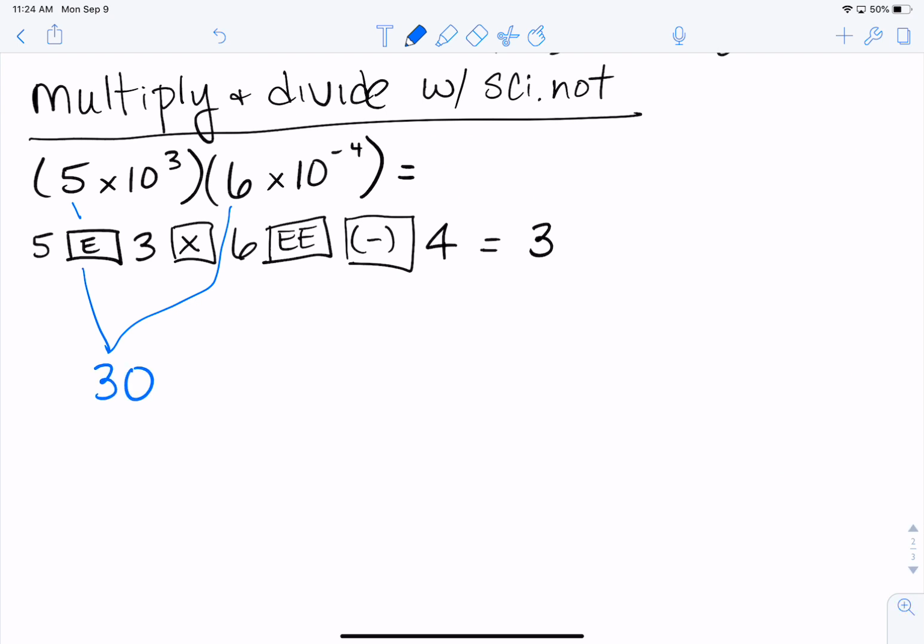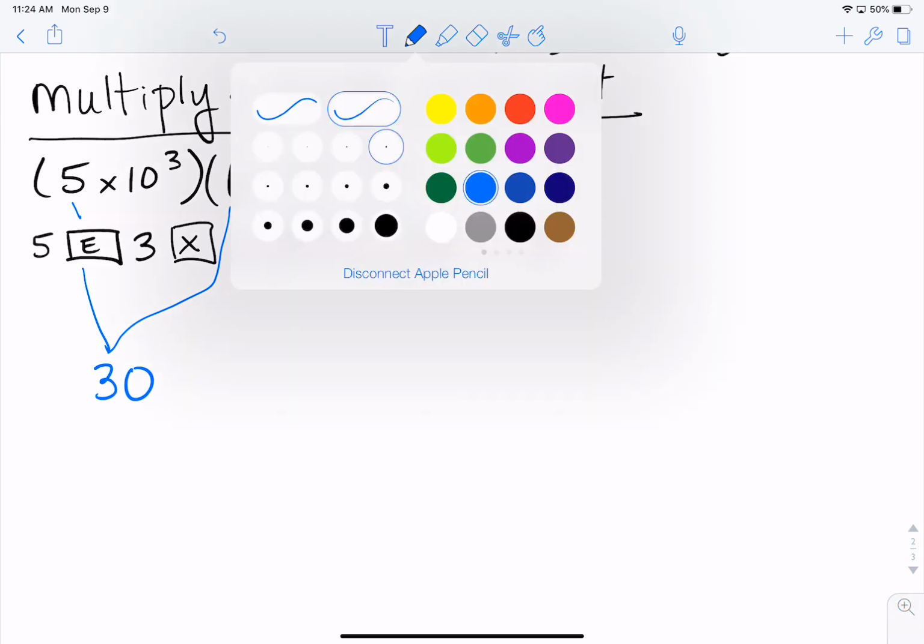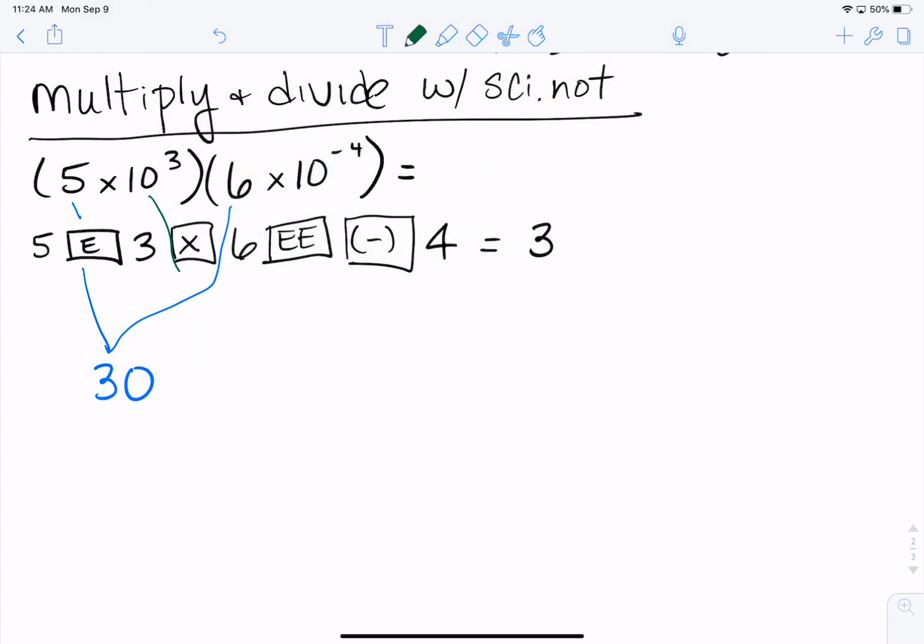And then you go 10 to the third times 10 to the -4th. That's really what's going on. 5 times 6 is 30, and then 10 to the third times 10 to the -4th.